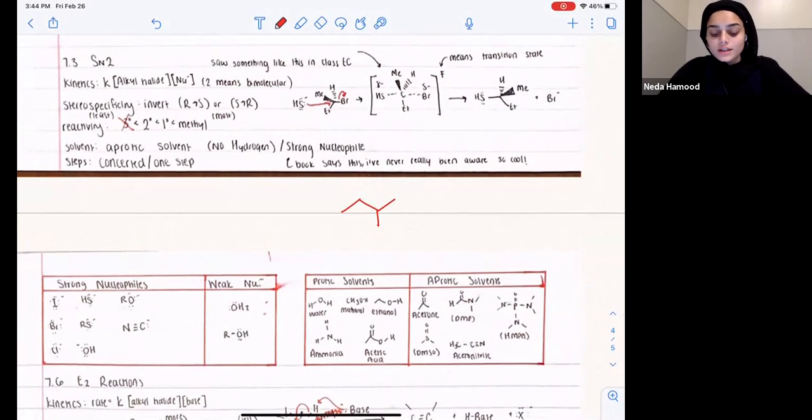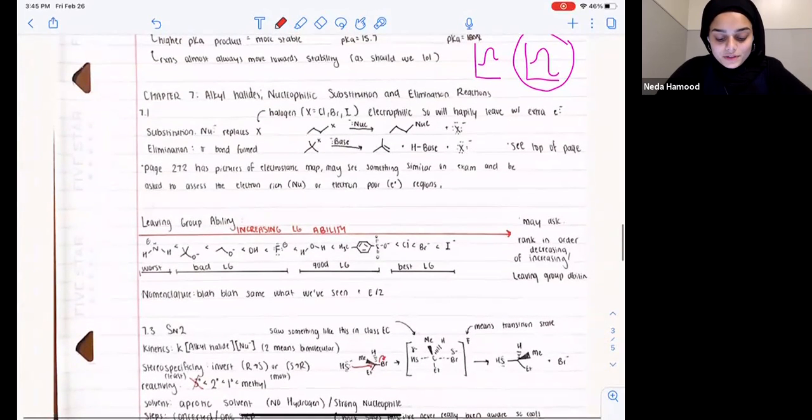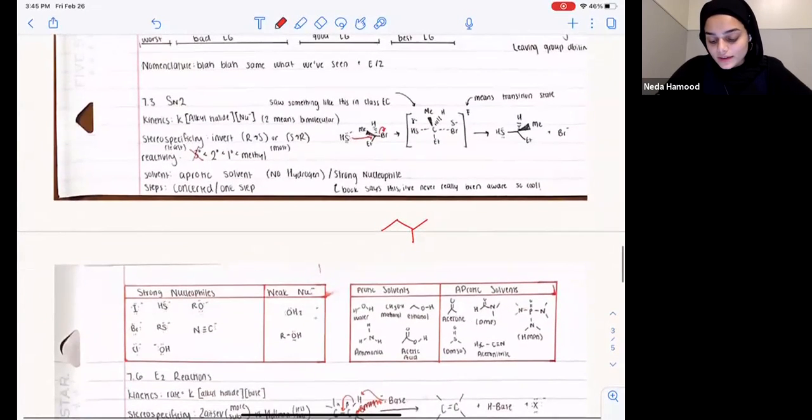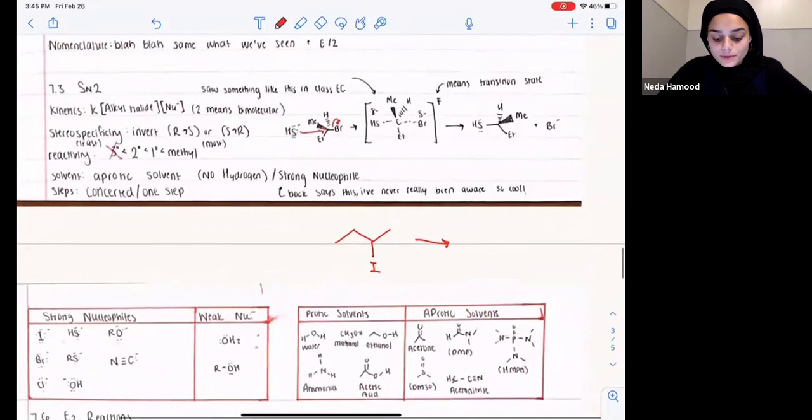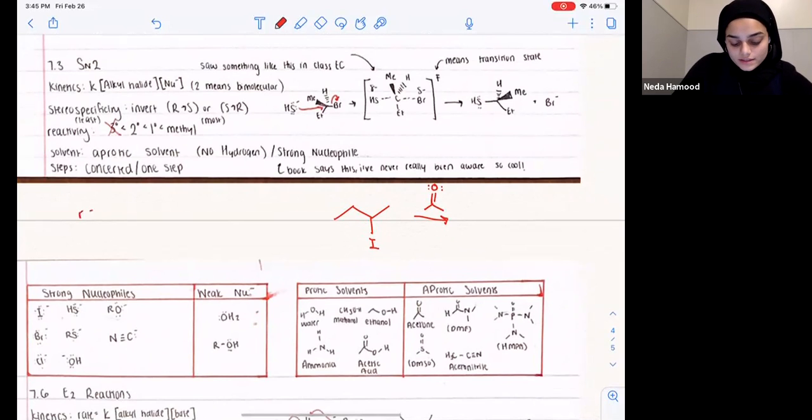Let's have iodine over here, and the nucleophile replaces, okay, yeah. So let's have iodine over here, and then a protic solvent, something like acetone. So then the rate would look like this.